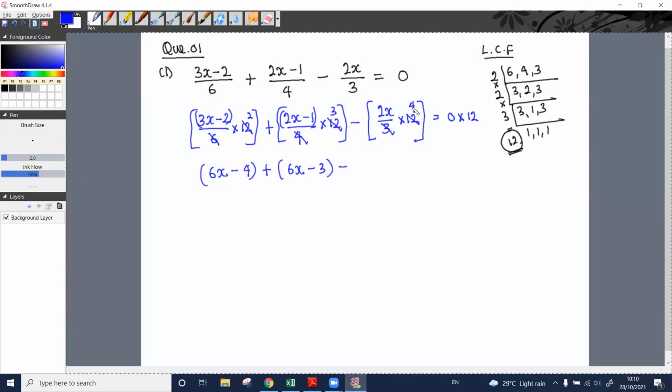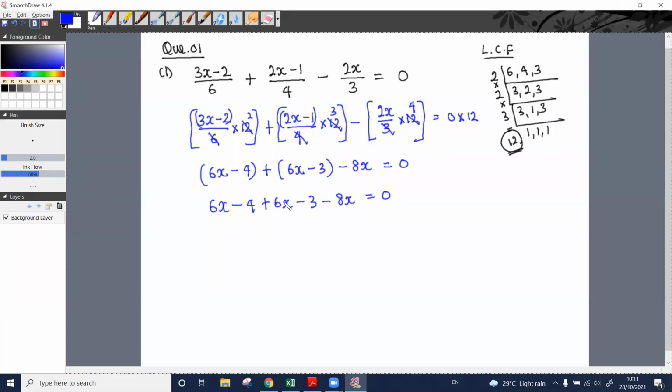Minus here 4 into 2x, that is 8x equals 0. Now we need to remove these brackets here. 6x minus 4 plus 6x plus into minus minus 3, minus 8x equals 0.